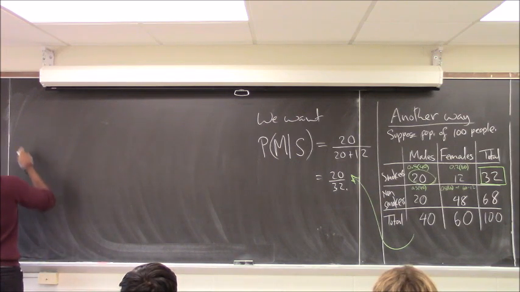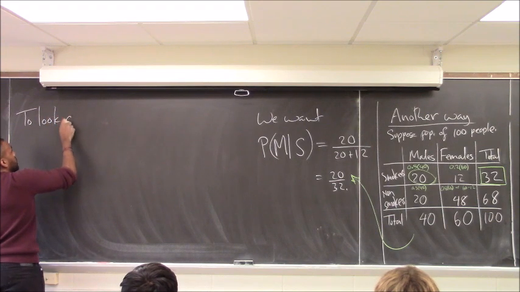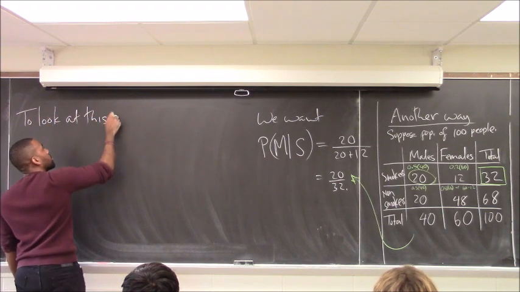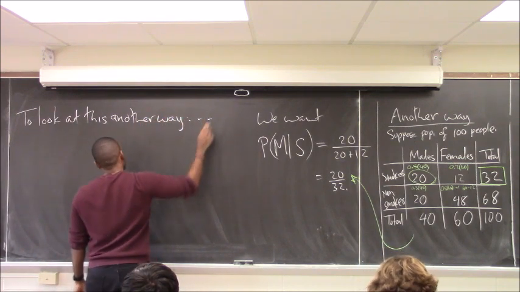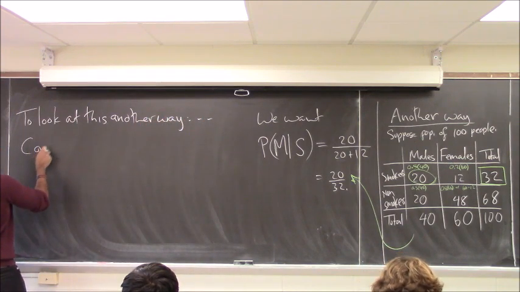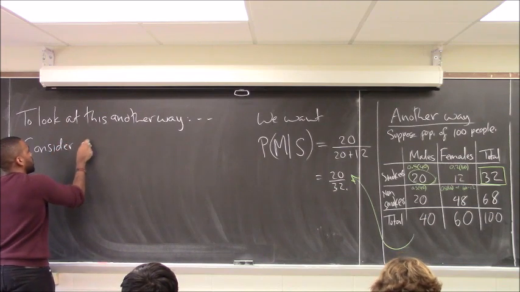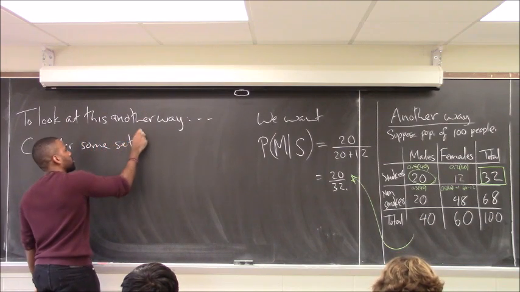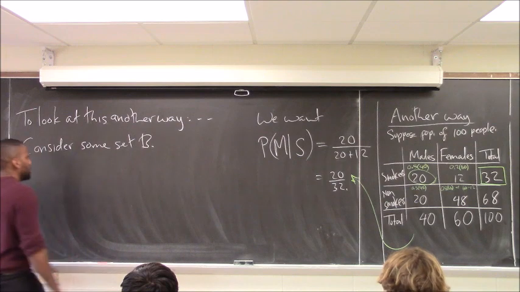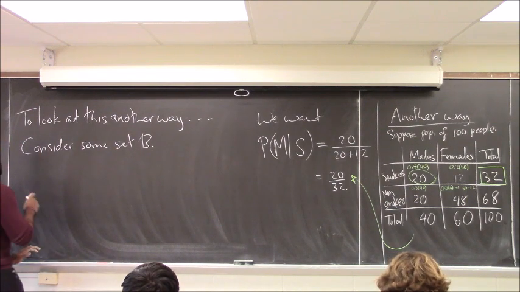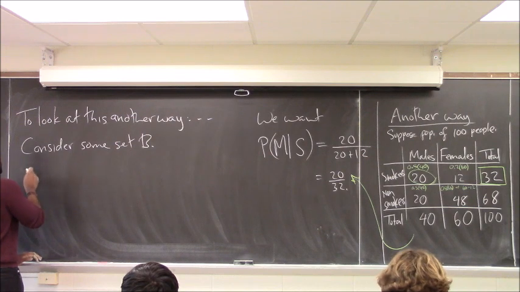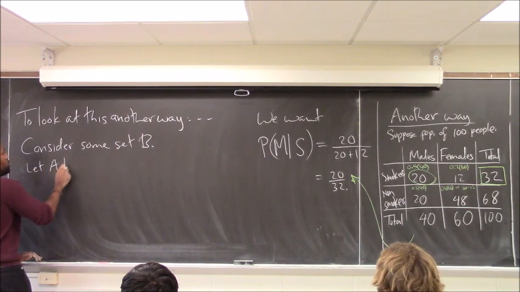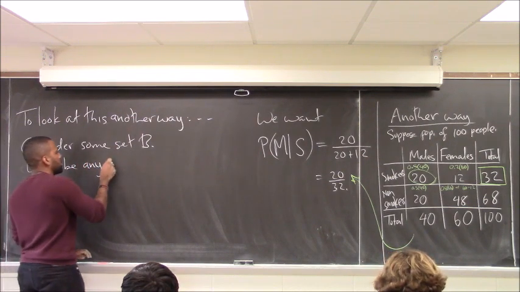So to look at this another way, let's consider something else. Okay, so consider some set B. So we have some set B under scrutiny, we don't know what it is, and let A be any other set.